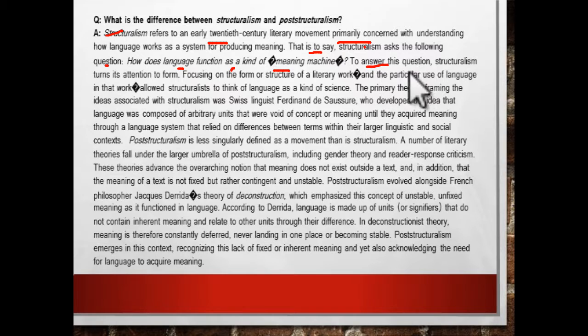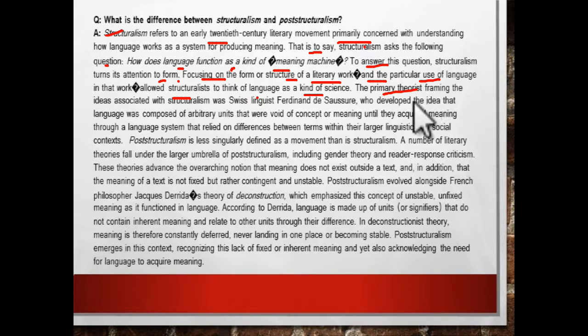To answer the question, structuralism turns our attention to form, focusing on the structure of a literary work and the particular use of language in the work, which allowed structuralists to think of language as a kind of system.